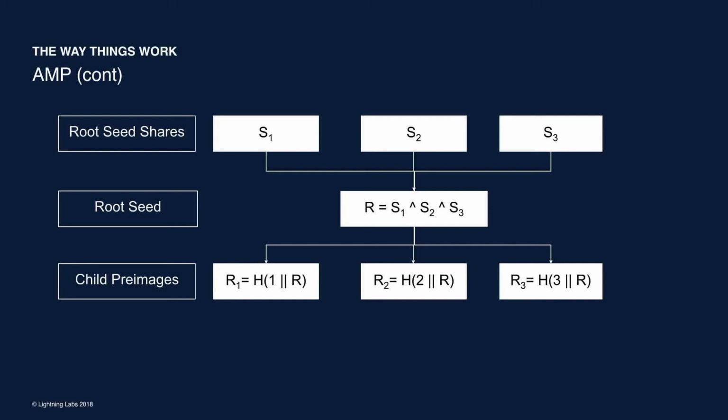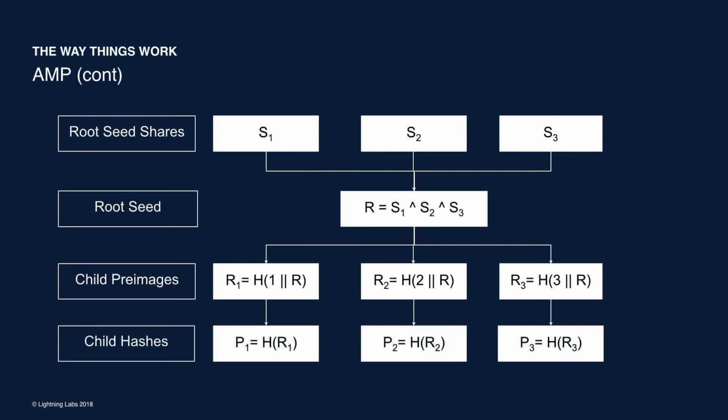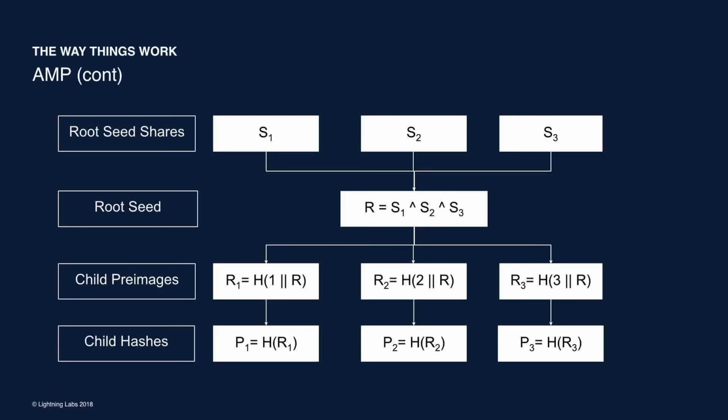And using that, the sender can take this value R and the child index and derive down each tree. So what the sender does is derive this whole tree and then make HTLCs with all the child hashes. It pays out to those child hashes. Then once the receiver gets all the HTLCs, it takes those S values at the top that it got in the payload, XORs them together, and then rederives the preimage, like the second to last step.